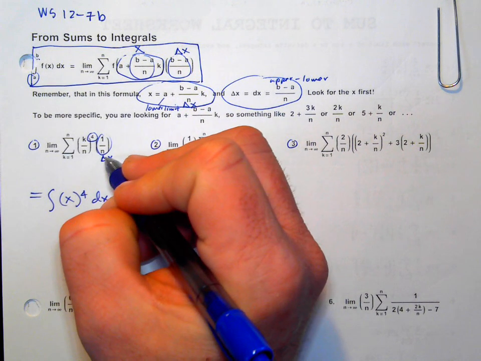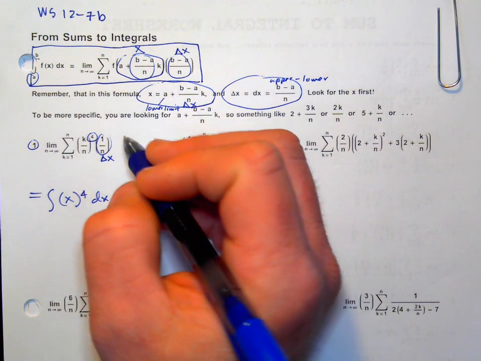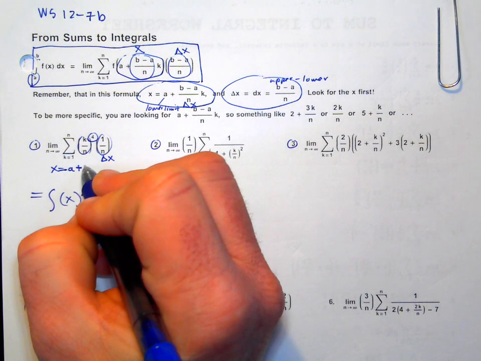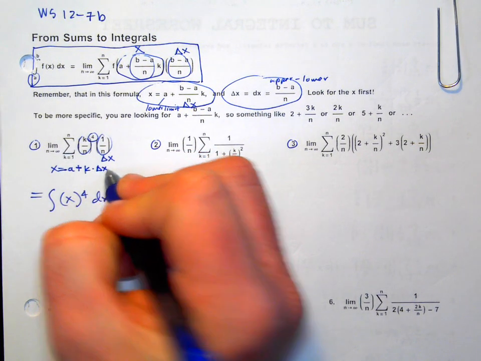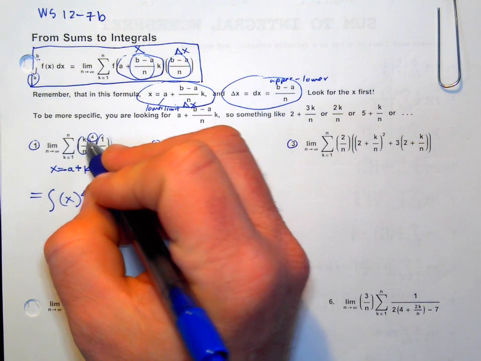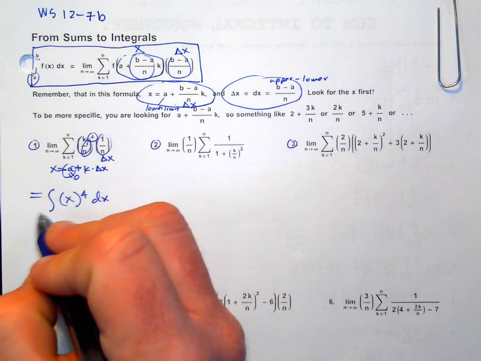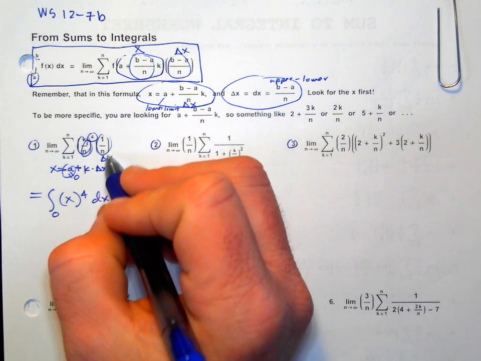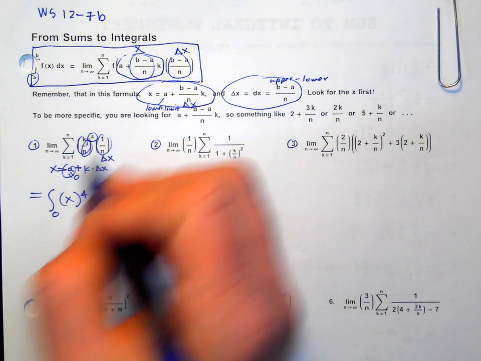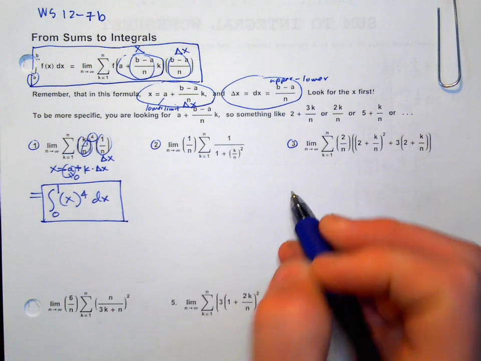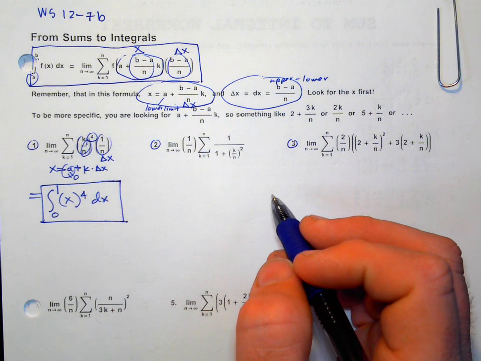Some number over n is going to be your delta x, and then this is going to be your x. Remember, x equals the lower limit plus k delta x. You see the 1 over n there? That's your delta x, and there's the k. This means that a must be 0, so the lower limit is 0. Then the difference between the upper and lower limits is 1, so the upper limit is 1. And you're done. These can go faster.